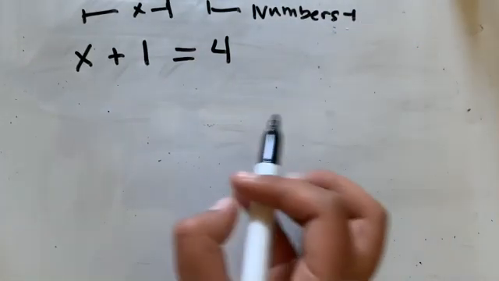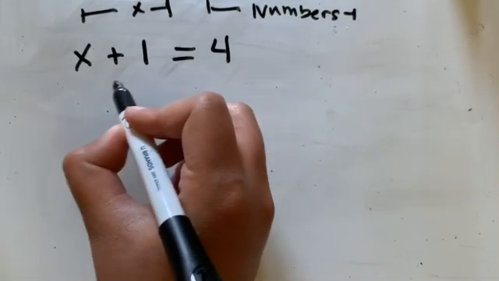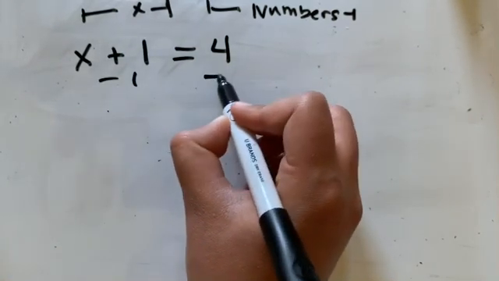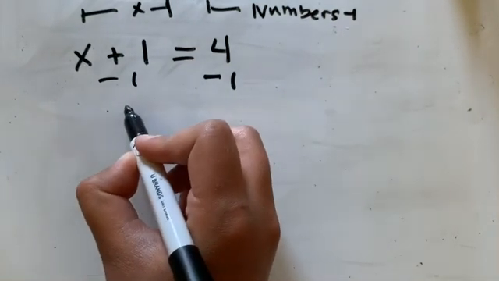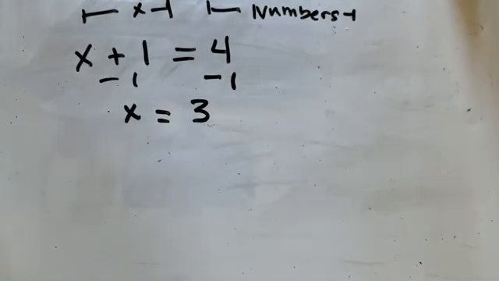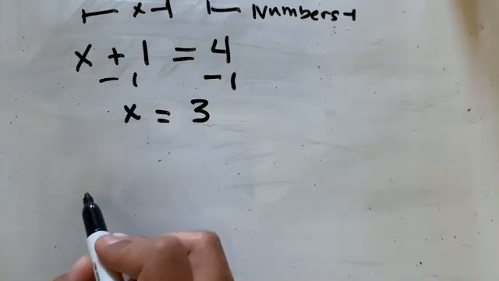So to solve this one, I would subtract the 1 from both sides, so it would be minus 1, and that would be x equals 3. Pretty easy.